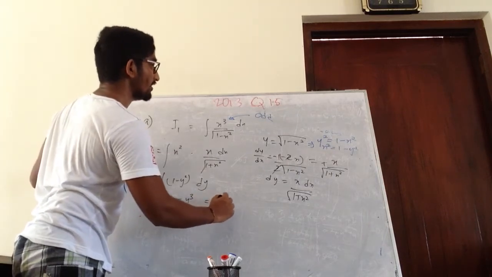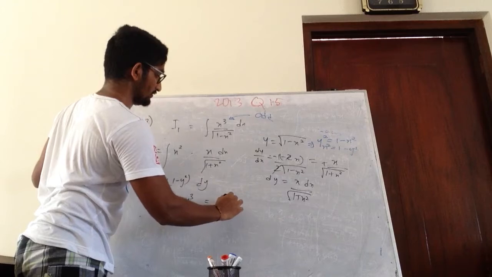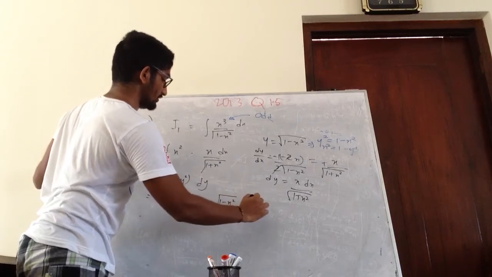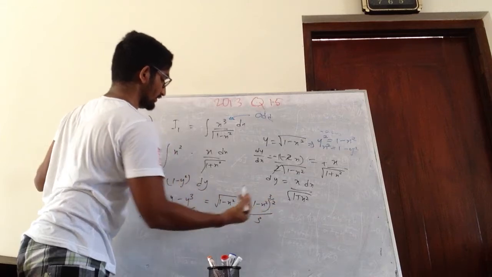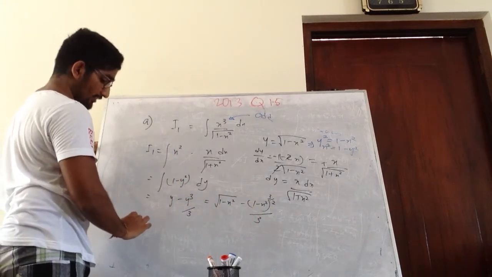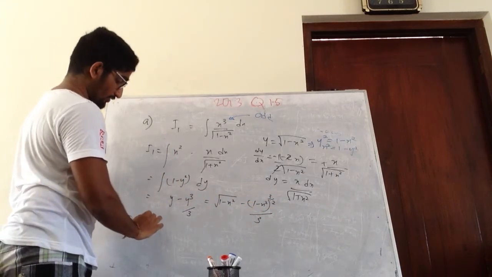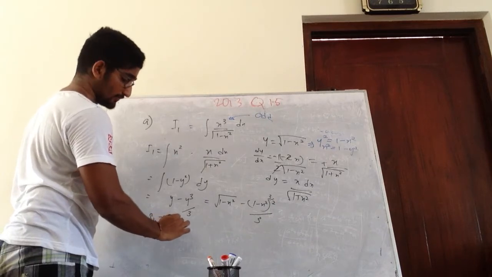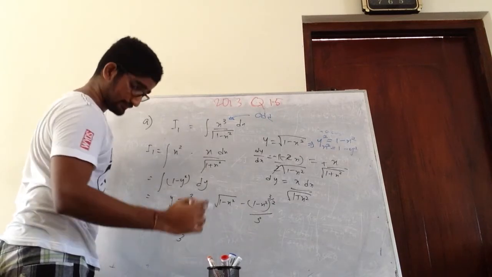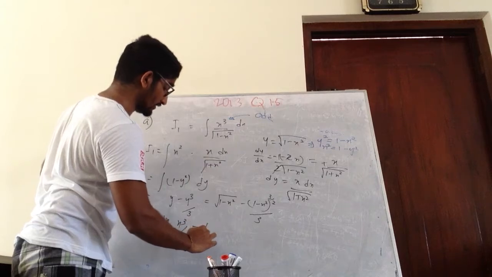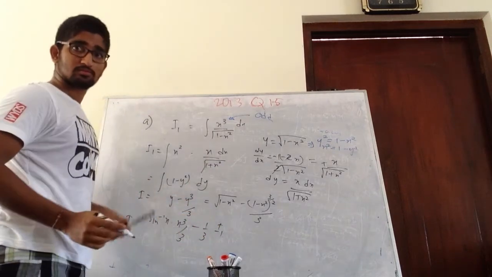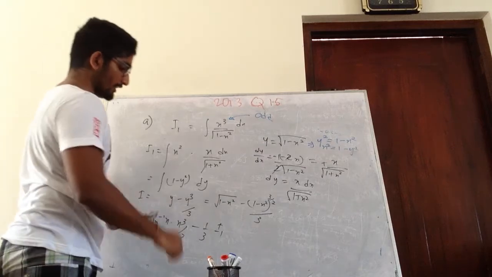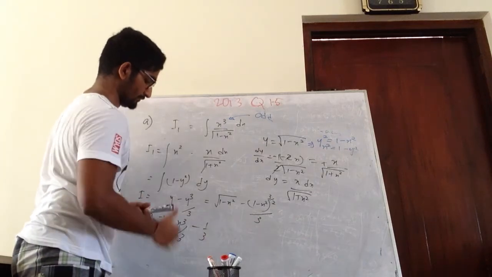So basically you will get, if you integrate this, y minus y cube over 3. So what is y? Y is basically root of 1 minus x square. This is basically 1 minus x square to the power of 3 over 2 over 3. Right? So basically I was what? I was sine inverse x times x cube over 3 minus 1 over 3 I1. Right? So for I1 I'm going to write this down.